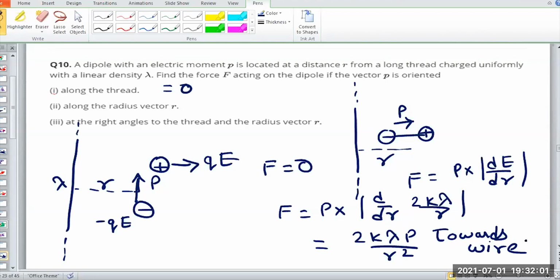Can Naveen explain why the direction of force is towards the wire, not away from the wire? Naveen, can you tell us why, if a dipole is placed along radius vector r, the force is towards the wire?